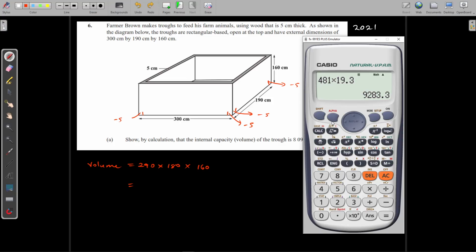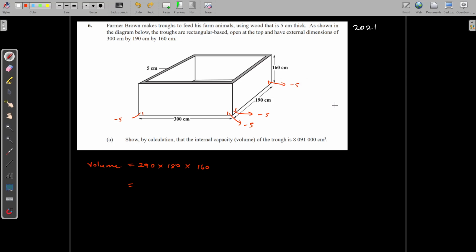So that means we'd have to assume that the base has a 5 centimeter taken out from it as well, which theoretically doesn't really make sense, but if you were to build something like this, I guess it's like a box, so we have to factor out the 5 centimeter from here as well.